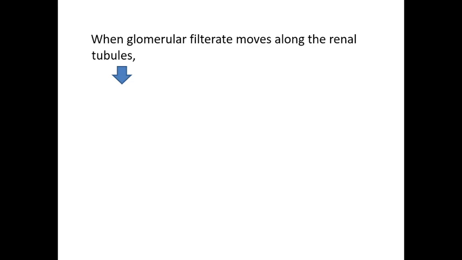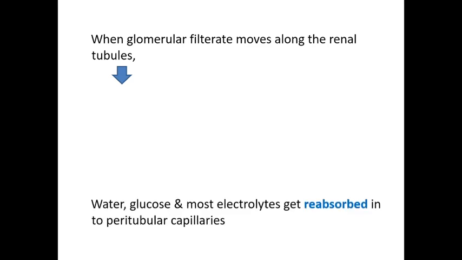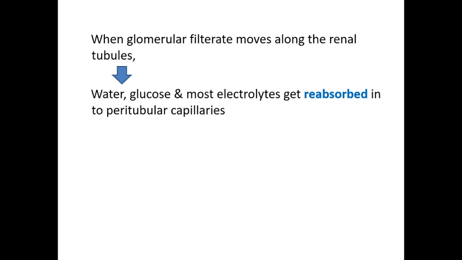Right. So when the glomerular filtrate moves along the renal tubules, certain substances like water, glucose and electrolytes get reabsorbed into the blood vessels or the capillaries surrounding the tubules. So this process is called reabsorption.